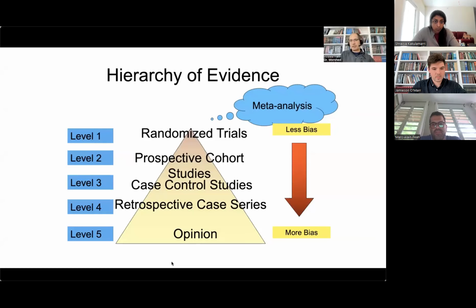Now, it's also the smallest part of the pyramid because those studies tend to be the hardest to conduct for both resource and logistical reasons, and therefore constitutes a small part of the overall body of literature that we look to for evidence-based practice.